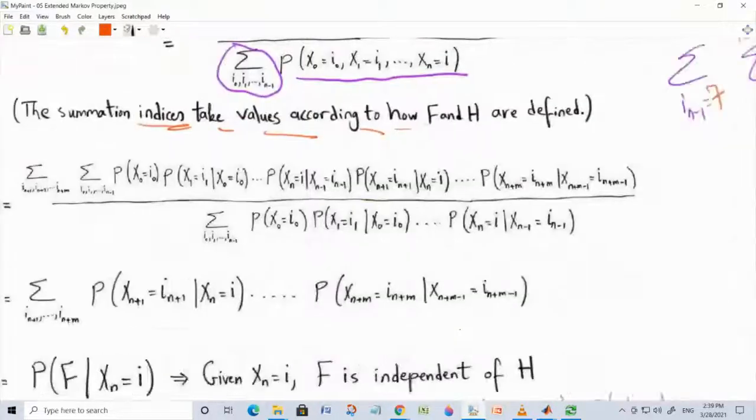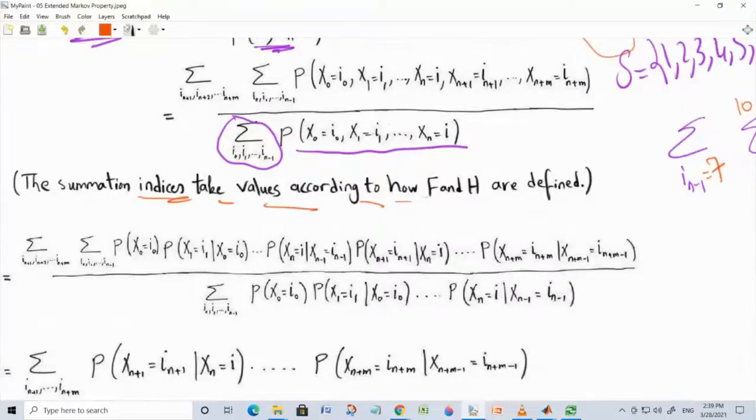So let's go here now. Apply the Markov property. For each one of those joint terms, you start with x of 0, then x of 1 given x of 0, x of 2 given x of 1, x of 3 given x of 2, and you go on until x of n plus 1 given x of n, which is equal to i.